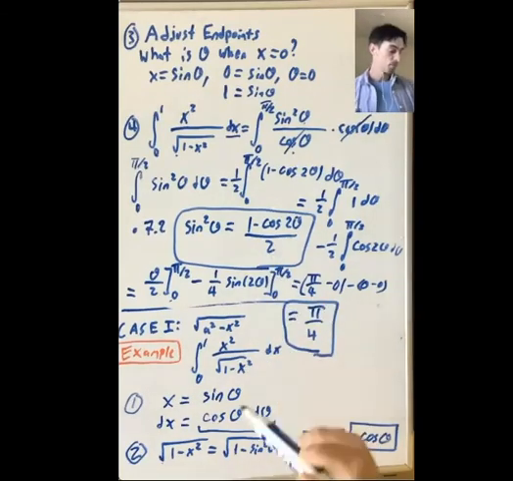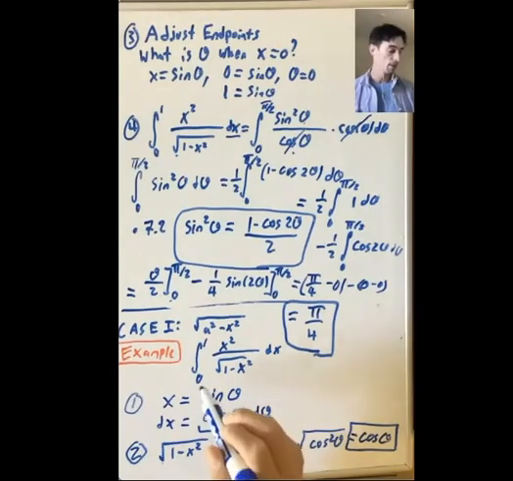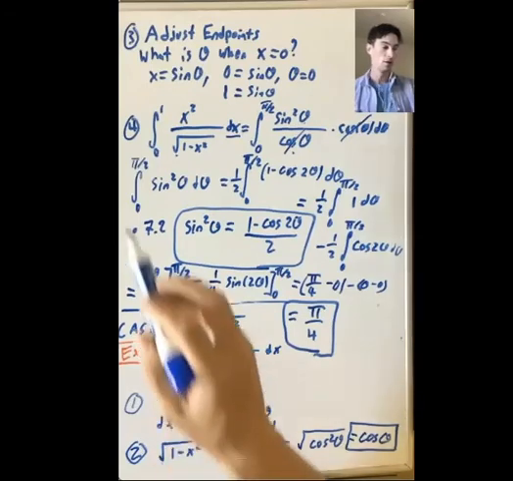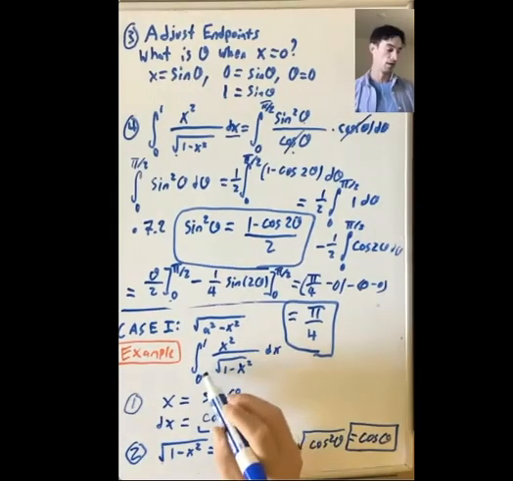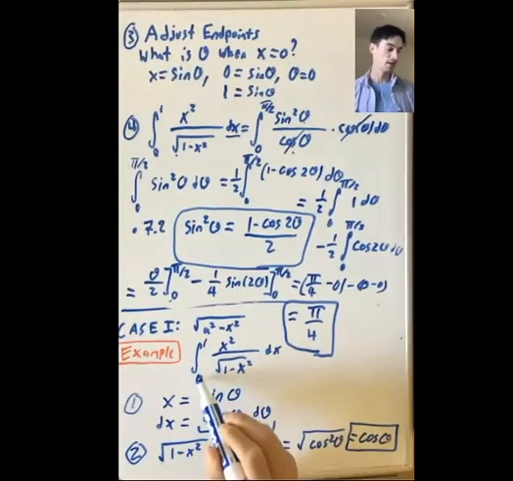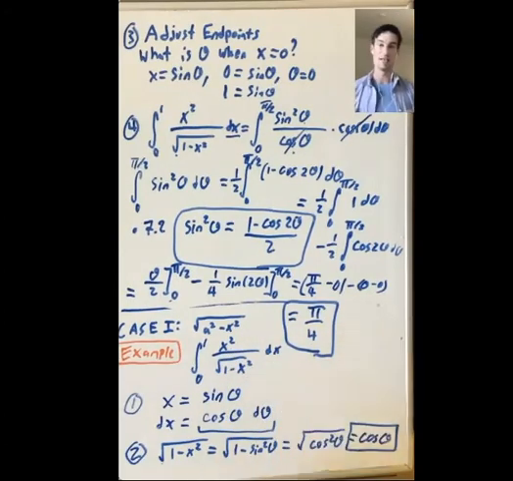So with trig substitution, it's the same way. When you're doing an indefinite integral, you have to substitute back at the end. But with this definite integral, we have this step where we adjust the endpoints, which means that in the end we just get a number. So our final answer is the integral from 0 to 1 of x squared over square root of 1 minus x squared dx is pi over 4.